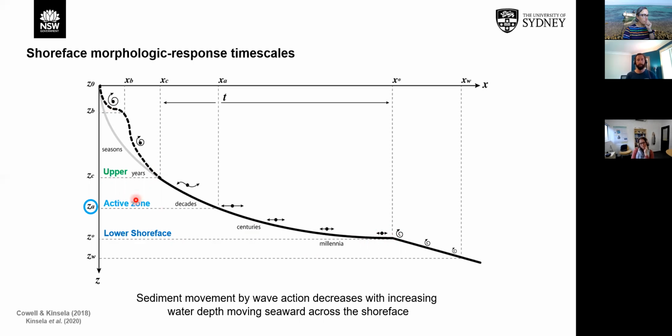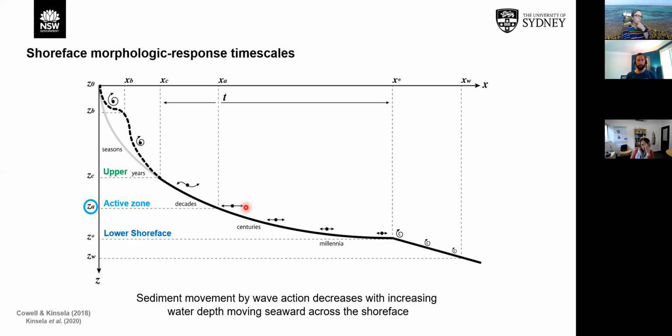The active shore face is a rate or timescale dependent concept, and the active zone is basically describing, if sea level's changing at a certain rate, which part of this profile is changing fast enough to maintain its shape.